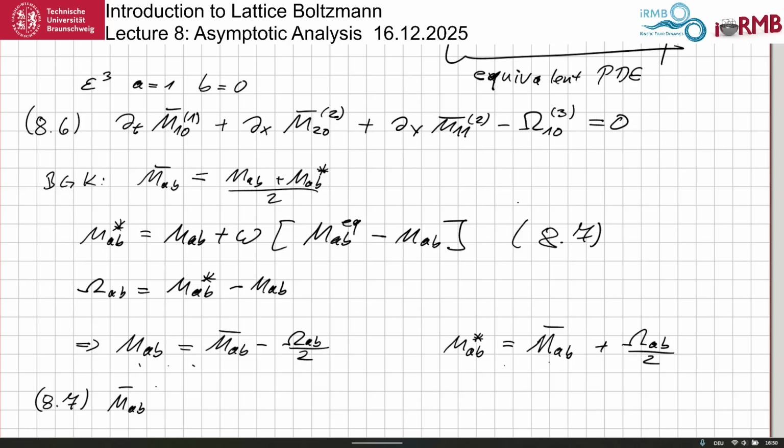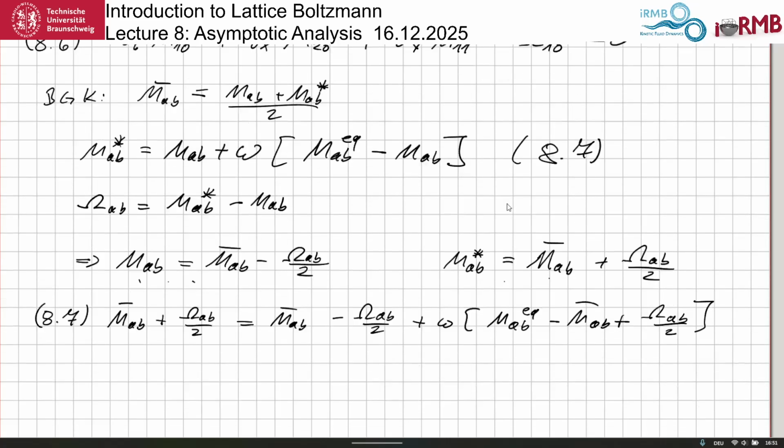So we have MAB over bar plus omega AB divided by 2 is MAB over bar minus omega AB divided by 2 plus omega times MAB equilibrium minus MAB over bar. So there's a minus in front of this, there's a minus here, so it will become a plus omega AB divided by 2.